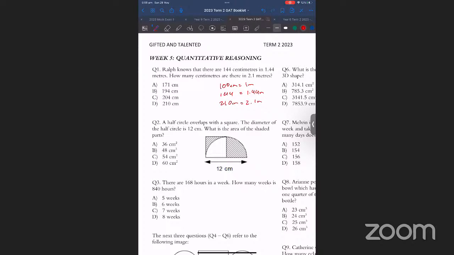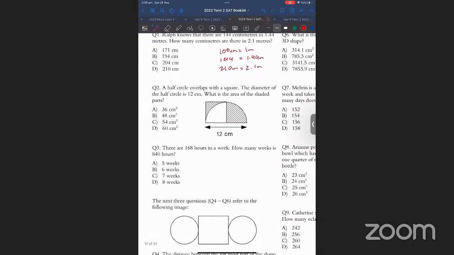Now, question 2 is also really straightforward. I know that a lot of you might have done the complicated method, but there's no need for that. You probably found that this whole length is equal to 12, so this part here is 6 centimeters, and then you found the area of a semicircle.